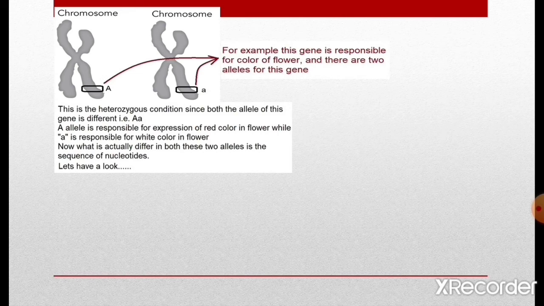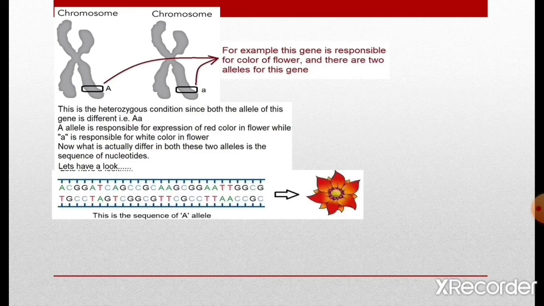That is, one is capital A and another one is small a. The capital A allele is responsible for expression of red color in flower, while small a is responsible for white color in flower. Now, what actually differs in these two alleles is the sequence of nucleotides.